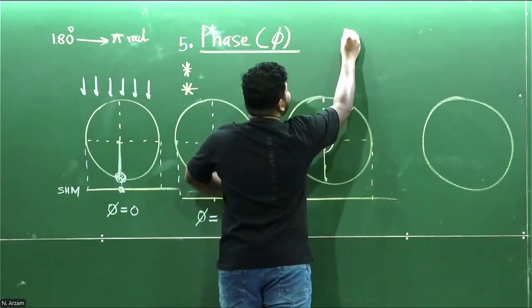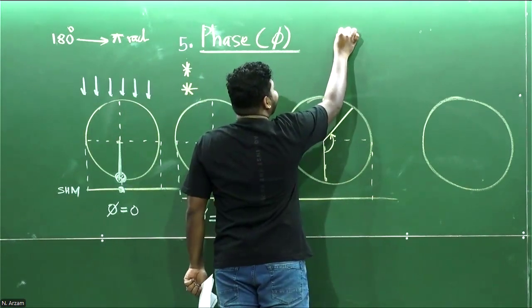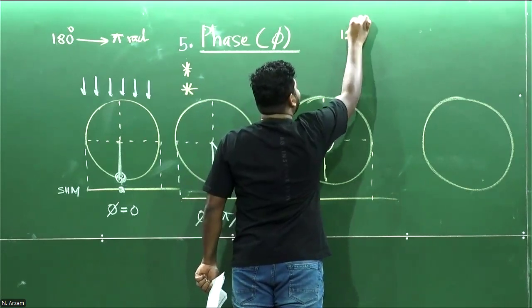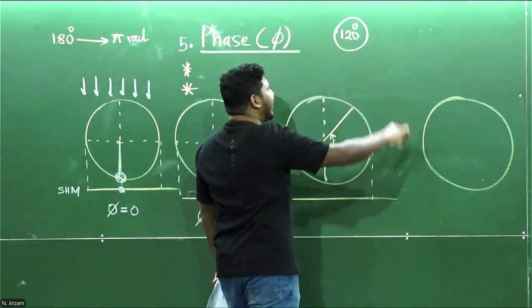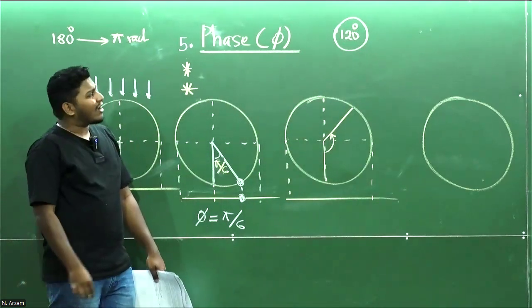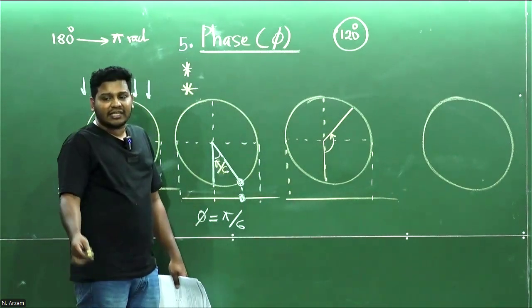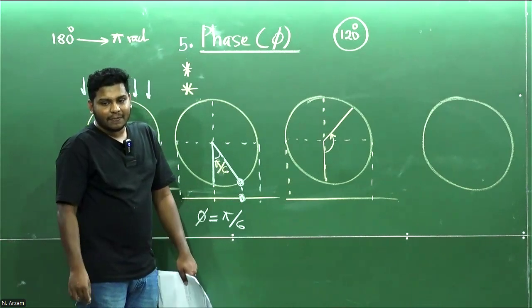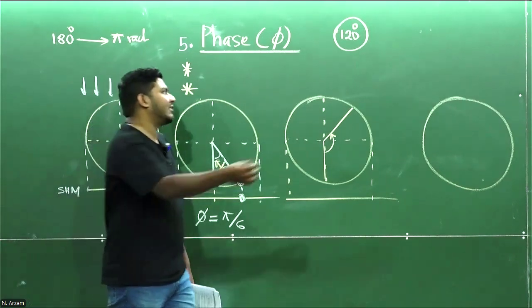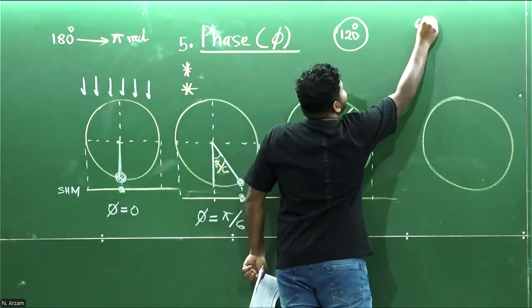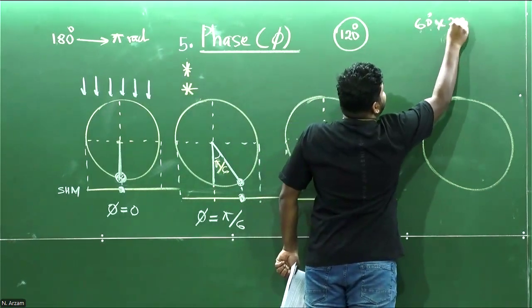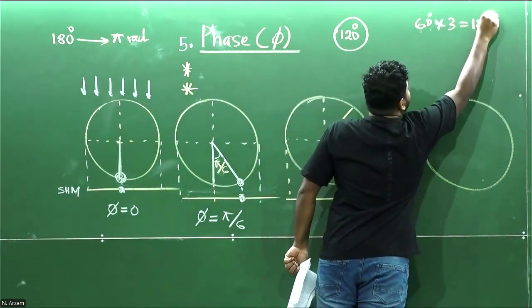What I told you is 120 degrees. In 180, how many 60s are there? 60 times 3 is equal to 180.